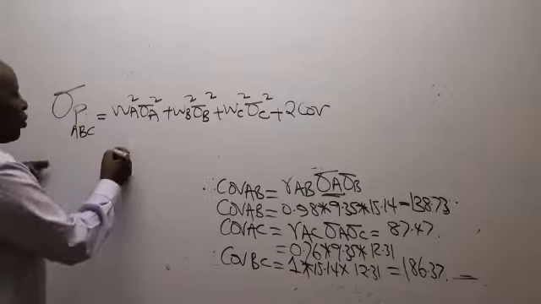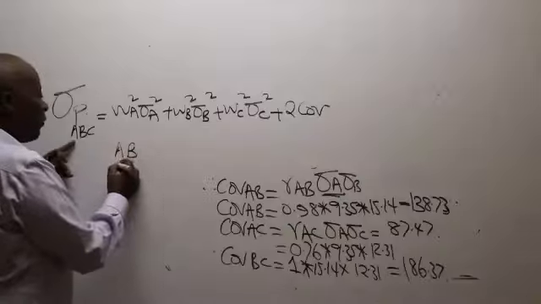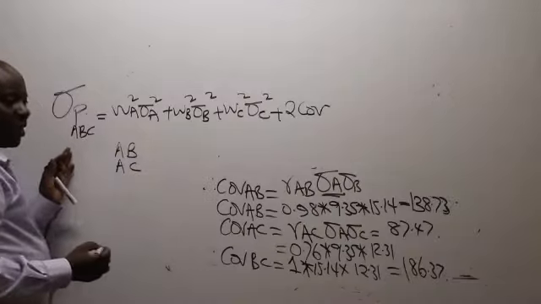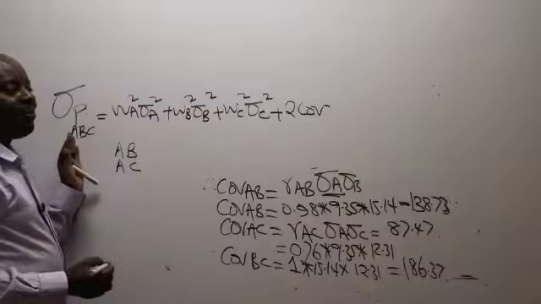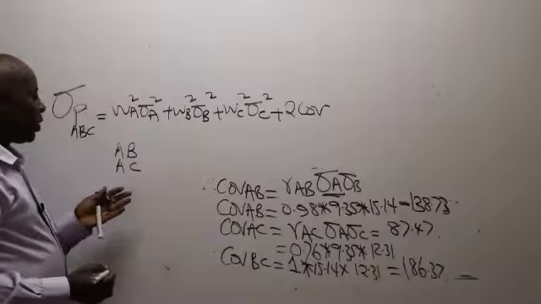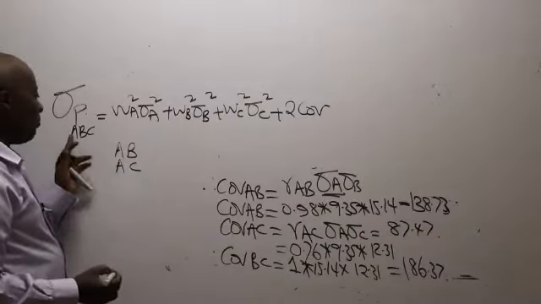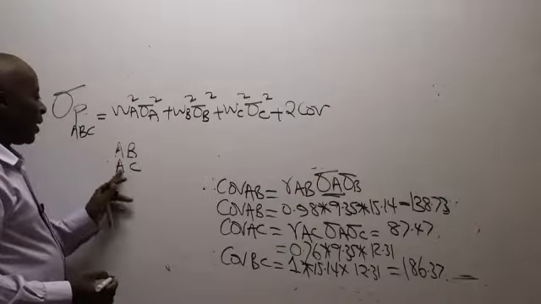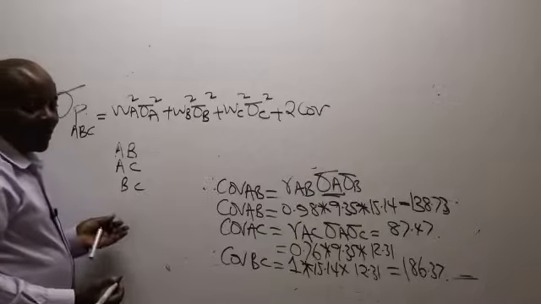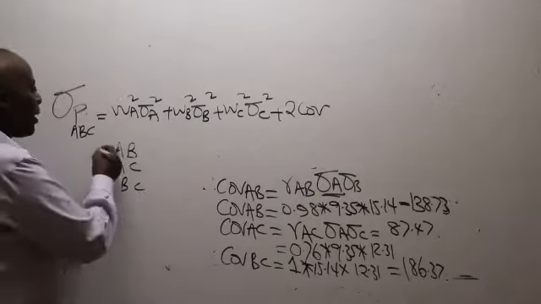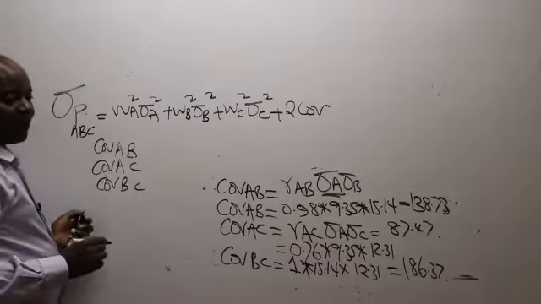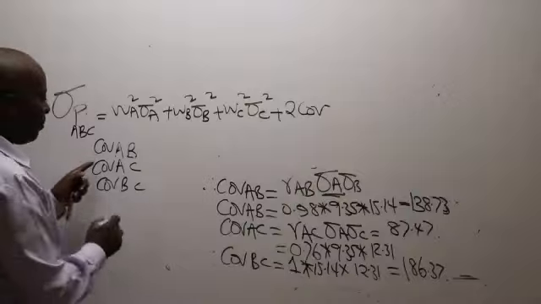We have pair AB, pair AC, and then BC. Then you add the word covariance here, right? So we pick this as the first pair.